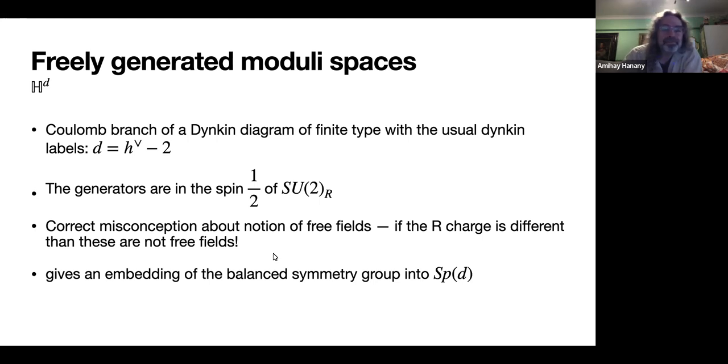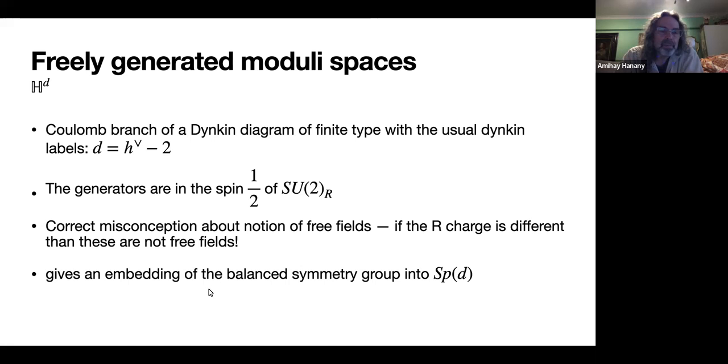Now, here's a non-trivial thing. If I take a Dynkin diagram of finite type and compute the Coulomb branch, then there is a symmetry that I can read off from the Dynkin diagram itself. This symmetry I call the balance symmetry group. It just consists of the nodes which are balanced, and we will see all of them are balanced except for one.